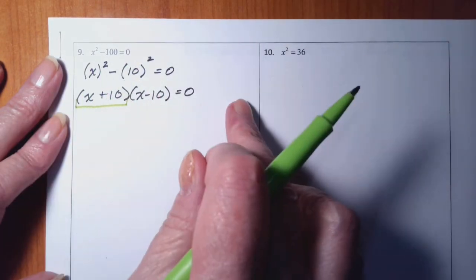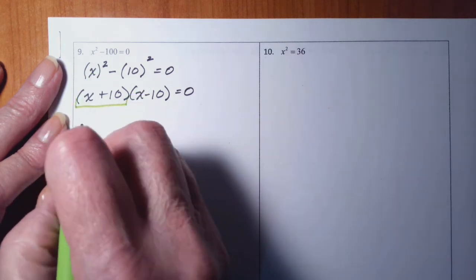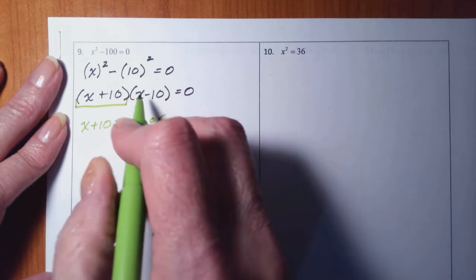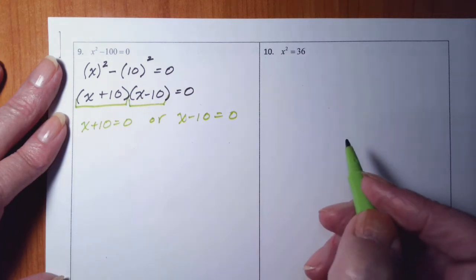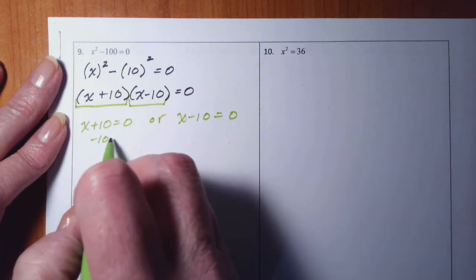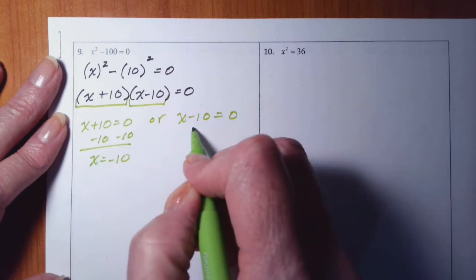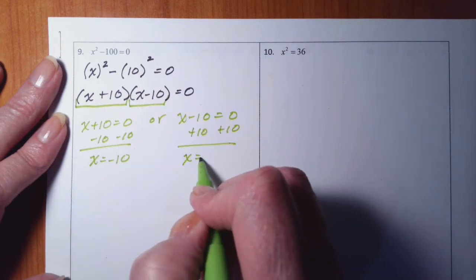So I've got two factors with product equal to 0, so I set each one equal to 0. So x plus 10 equals 0, or x minus 10 is equal to 0. Here I subtract 10 and I get x equals negative 10. Here I add 10 and I get x equals 10.